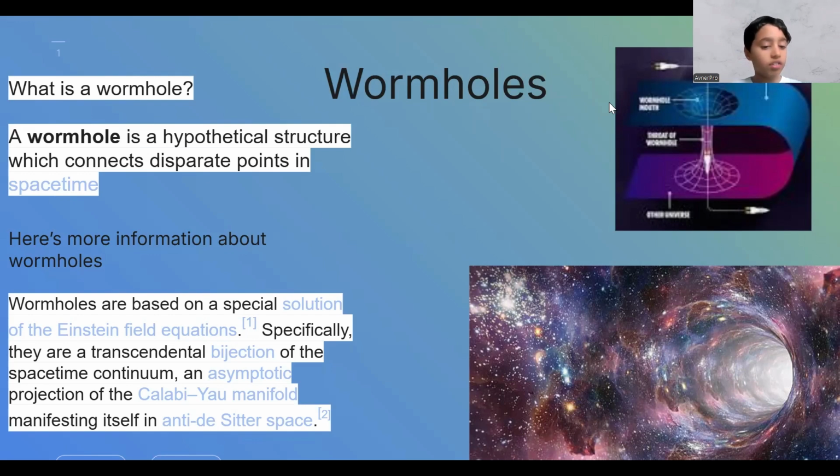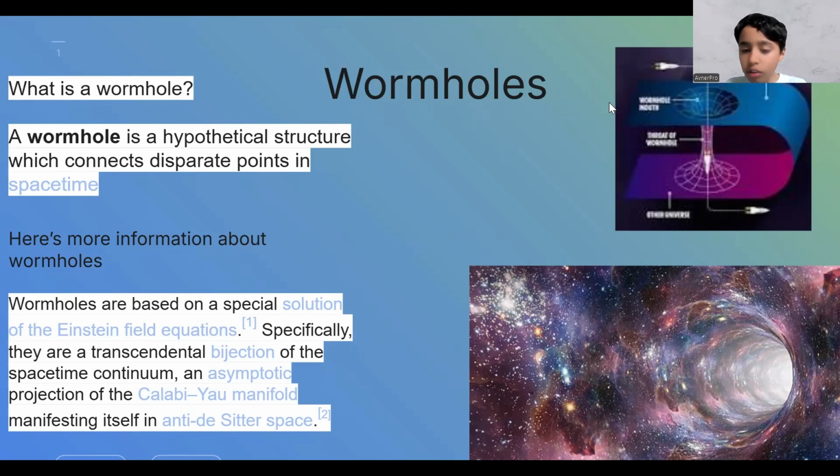Specifically, they are a transitional bijection of the space-time continuum of asymptotic projection of the Calabi manifold, manifesting itself in anti-de Sitter space. Okay?